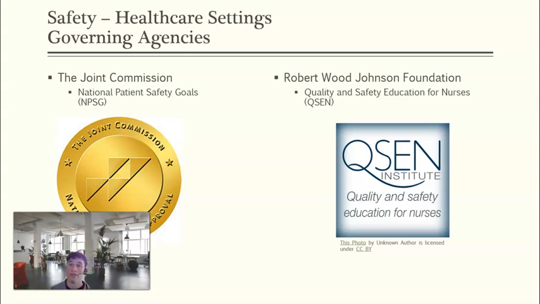So Joint Commission sets out a lot of guidelines. The National Patient Safety Goals, which is abbreviated NPSG, was established in 2002 to help accredited organizations address specific areas of concern in regards to patient safety.